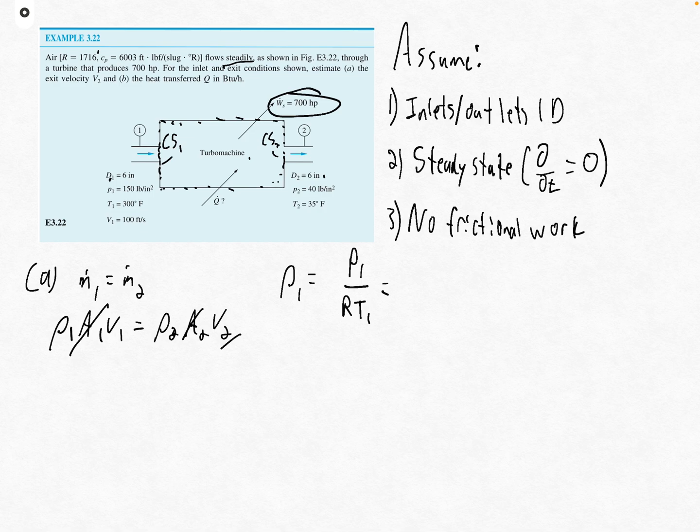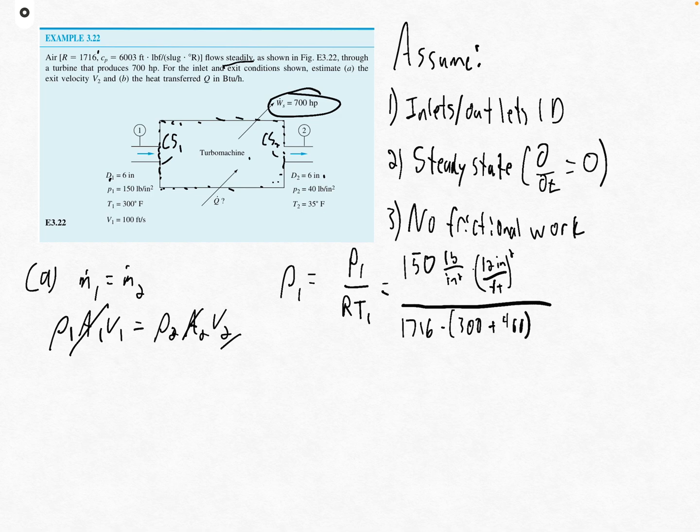Our inlet pressure is 150 pounds per inch squared, times 12 inches per foot squared, over 1716 times T1, which is going to be 300 degrees Fahrenheit plus 460, transferring to Rankine.